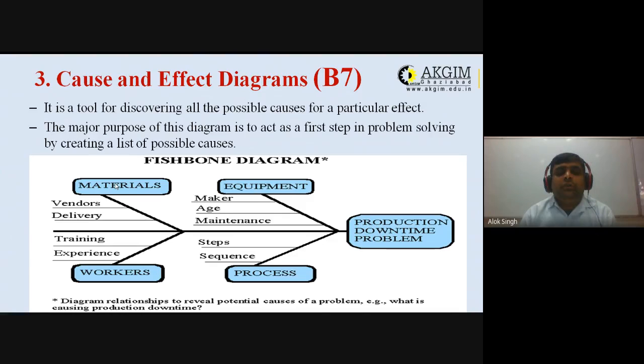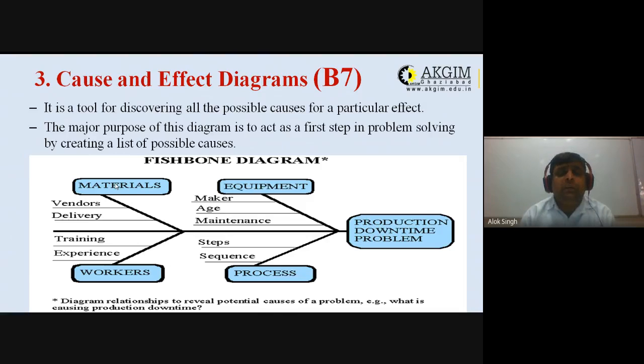The major purpose of this diagram is to act as the first step in problem solving by creating a list of possible causes. In a brainstorming session or in the Delphi technique, it is the most widely used tool. First work on this fishbone diagram, and after that you may discuss each and every cause of a particular problem.